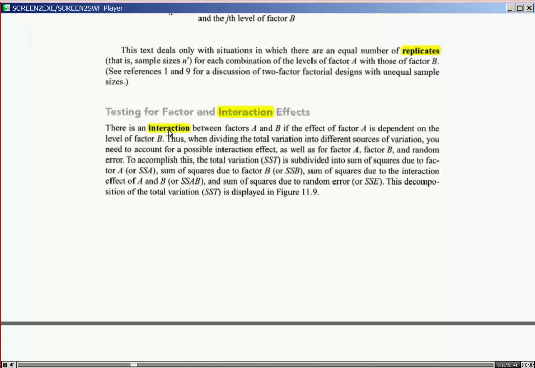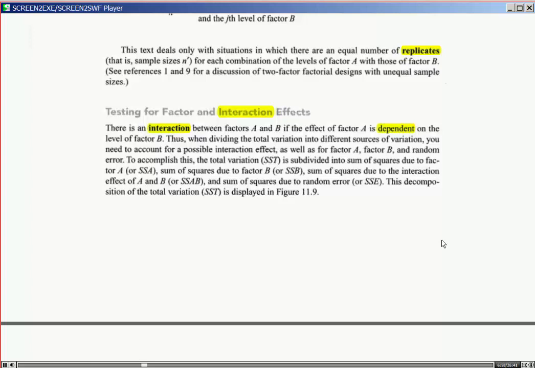There is an interaction between factors A and B if the effect of factor A is dependent on the level of factor B. In other words, you can have a strong parachute woven on one loom from the fibers from supplier 1, but a different loom supplied by a different vendor using these same fibers may not create such a strong parachute.